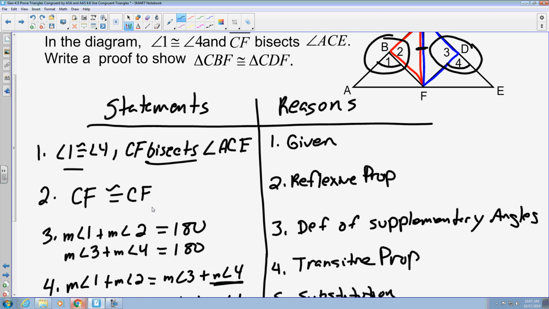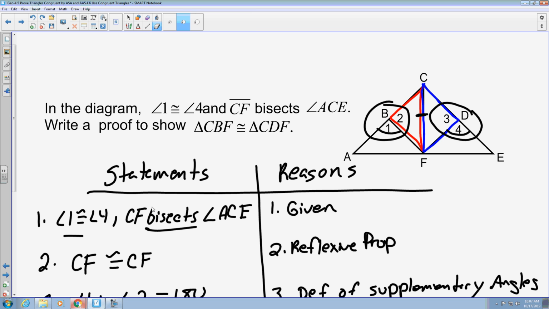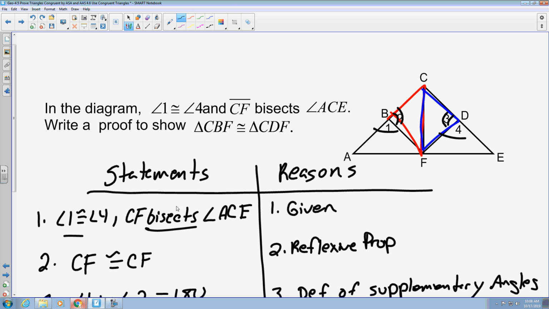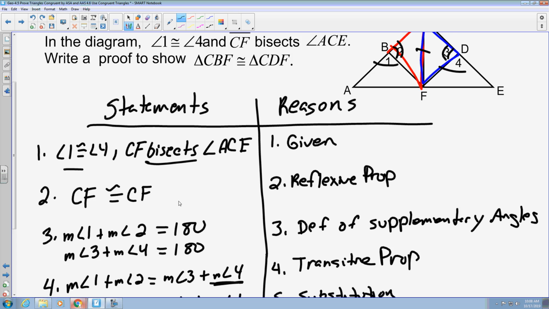So now I know that here, not only these are congruent, but I can say that these two are congruent. So now I got a side, I got an angle.